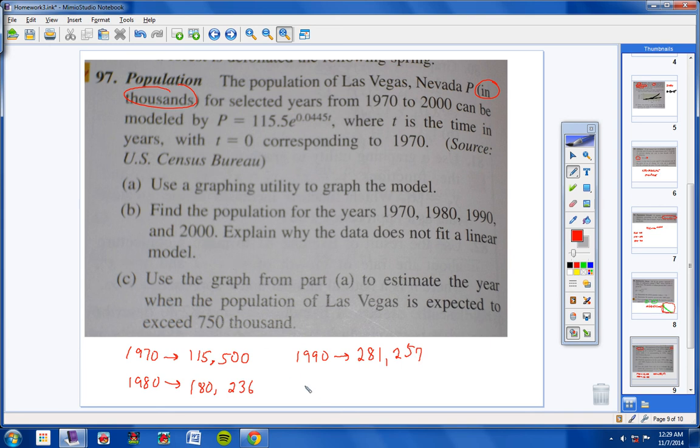And then for 2000, we would put 30 in. So very quickly we'll put 30 in. And we would get out 438,899.